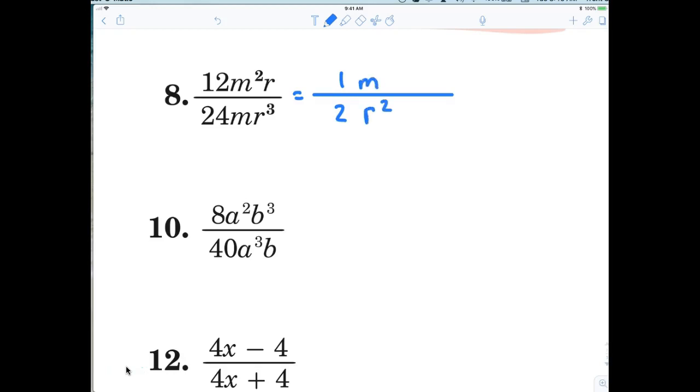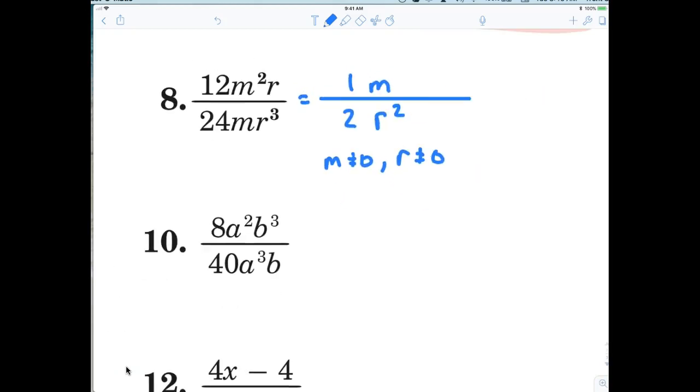MR squared. And then we would say, M cannot equal 0, and R cannot equal 0. It's how many there are. How many do you have on the top? How many on the bottom? So if we cross one out, we'll have one left on the top.